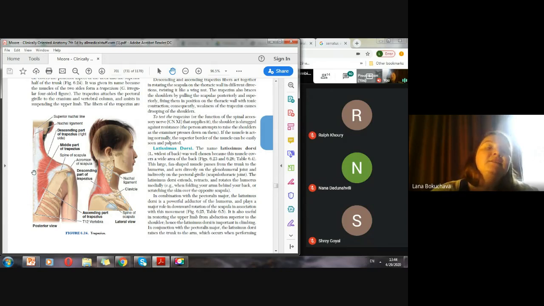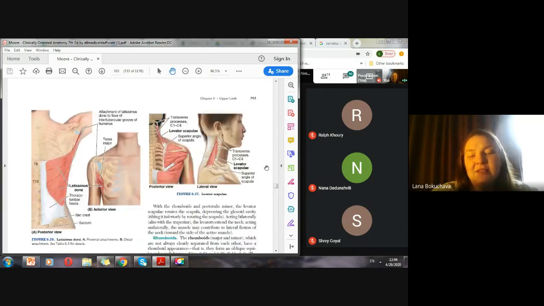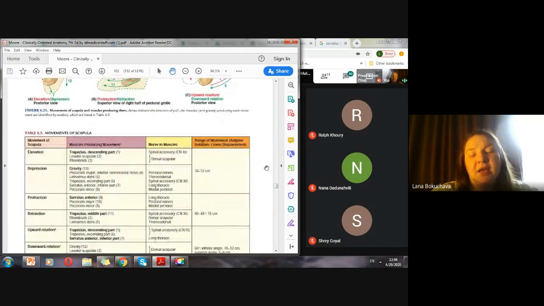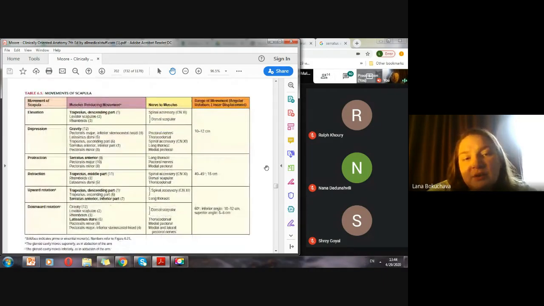Yes, and as they are descending or horizontally moving, or it will be the ascending part, they will have particular movements. So if we look back again at this table, we can see either elevation or depression, or protraction and retraction, or downward or upward rotation of the scapula.